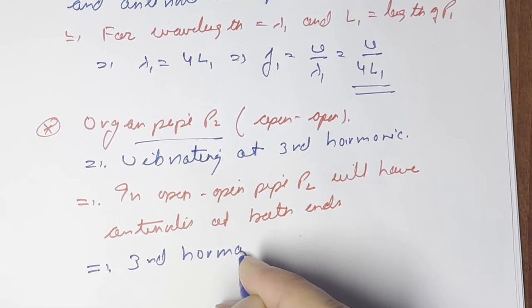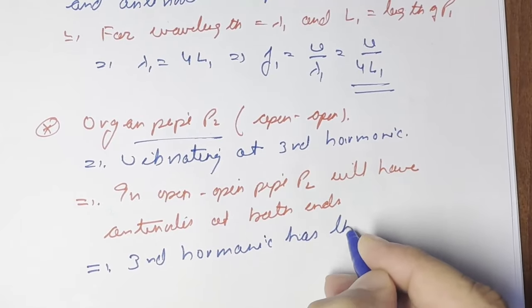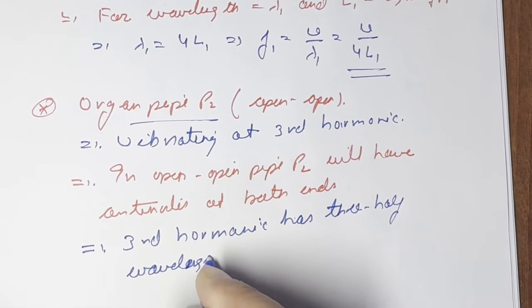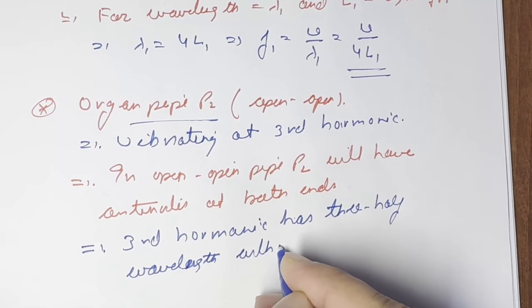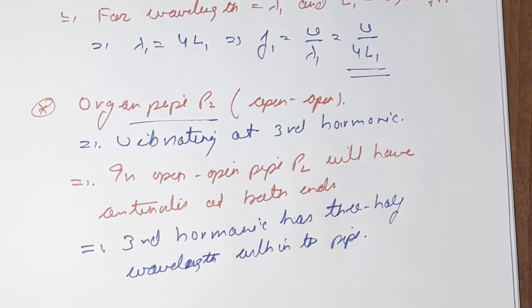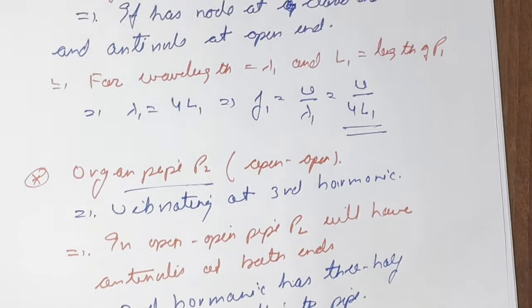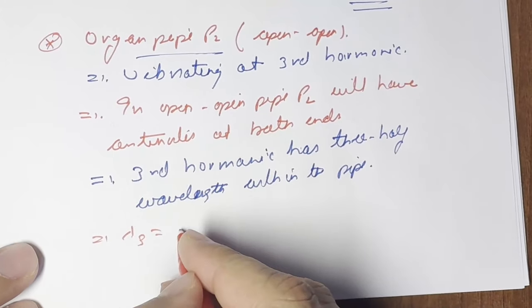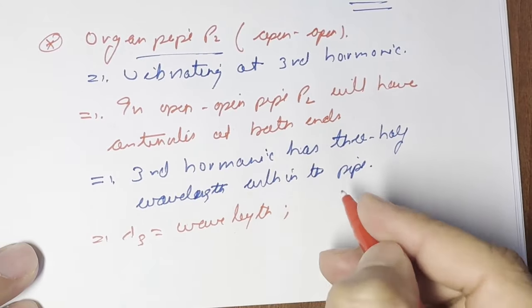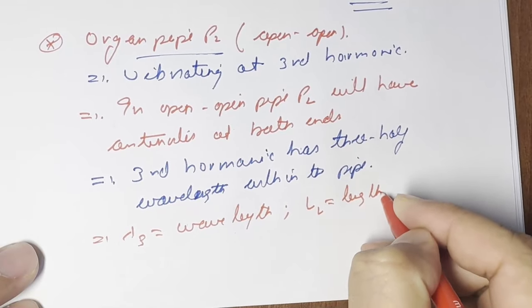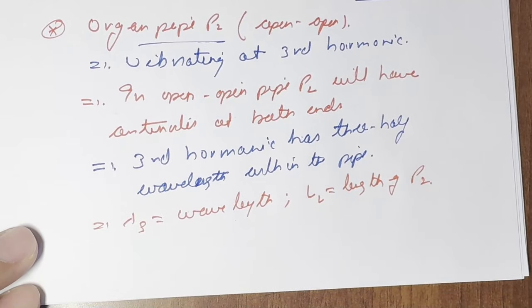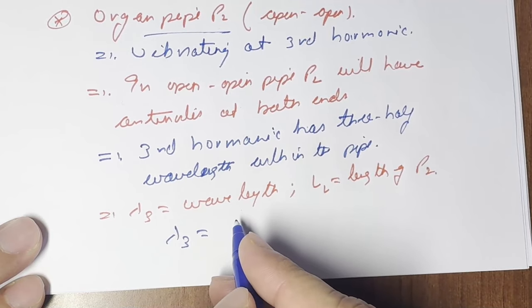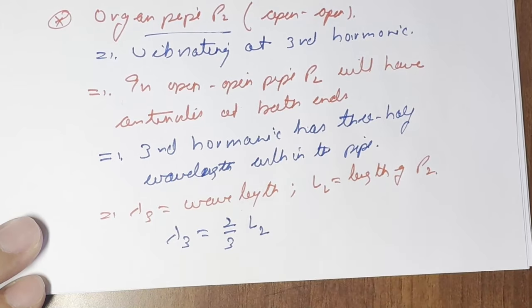So if we say λ3 is the wavelength for the third harmonic and L2 is the length of pipe P2, we can say our L2 is equal to 3/2 times λ3, so λ3 will be equal to 2/3 times L2.